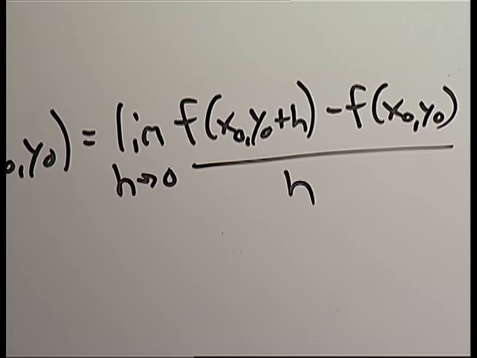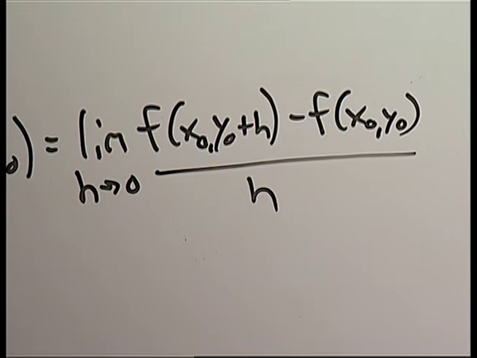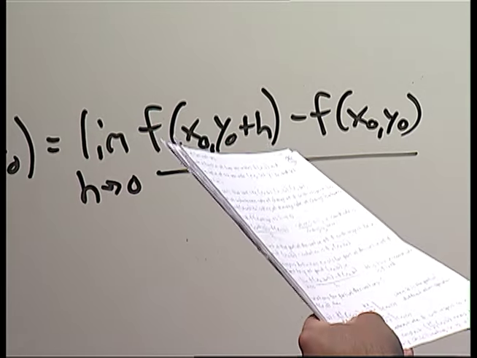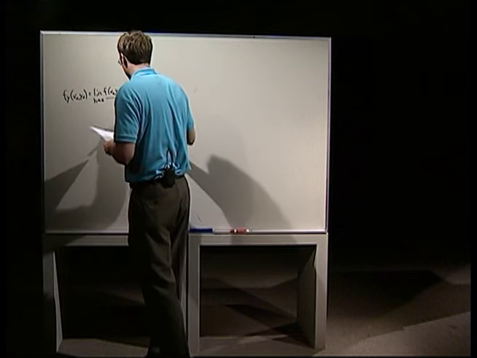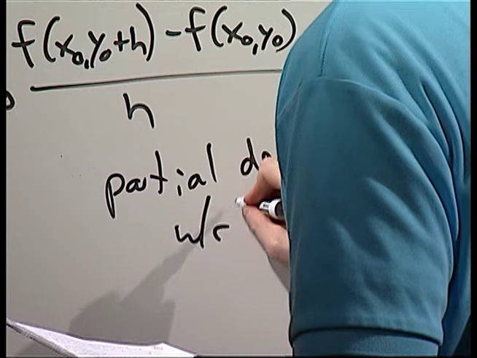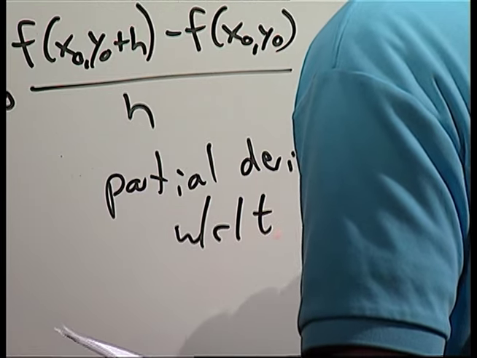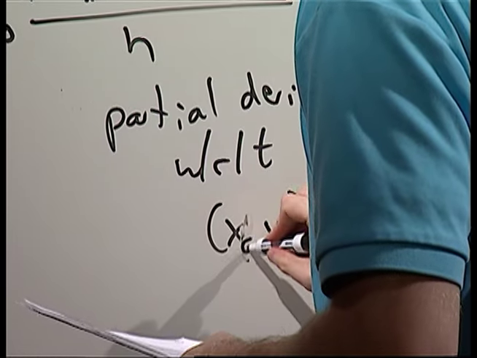That is the partial derivative with respect to y at a point that should be (x naught, y naught).